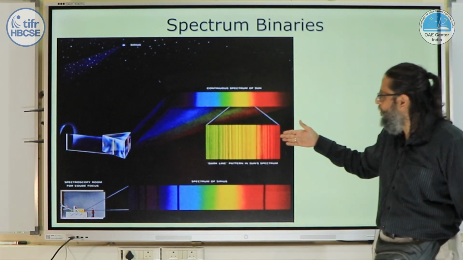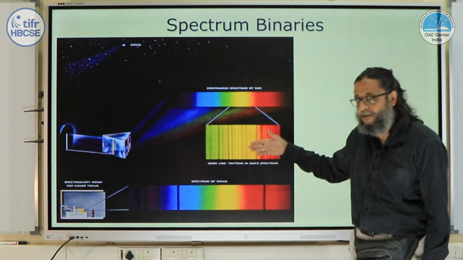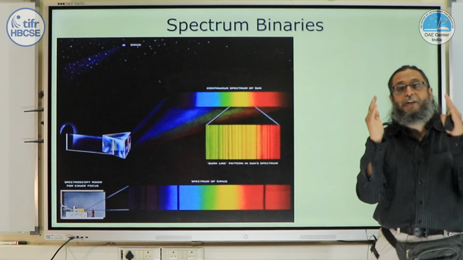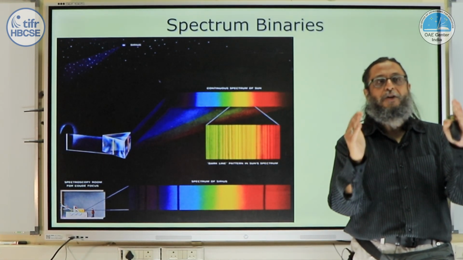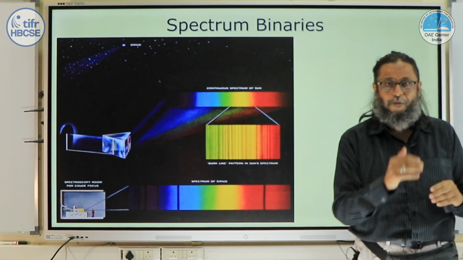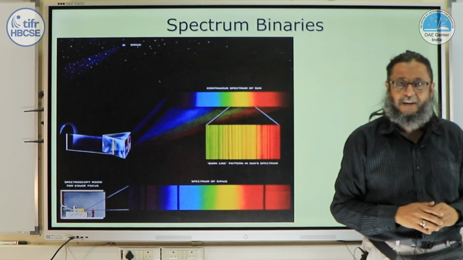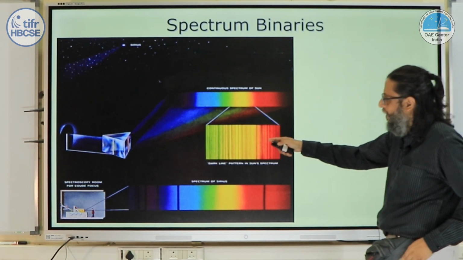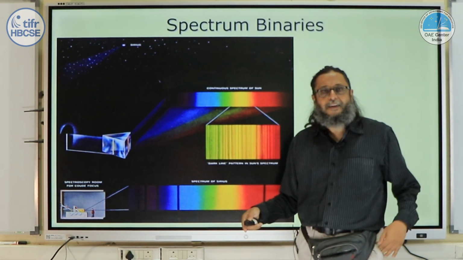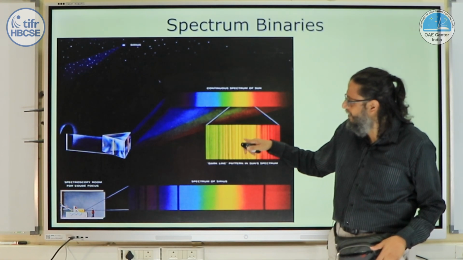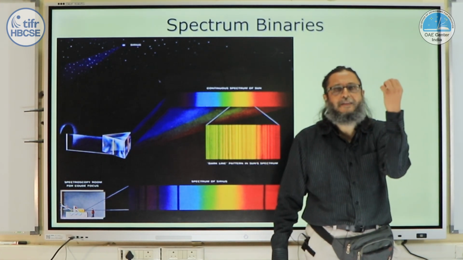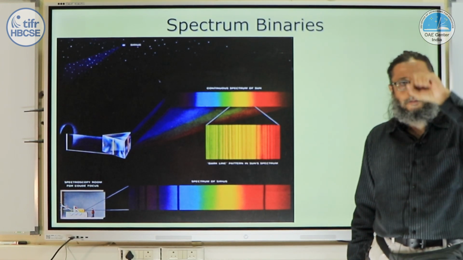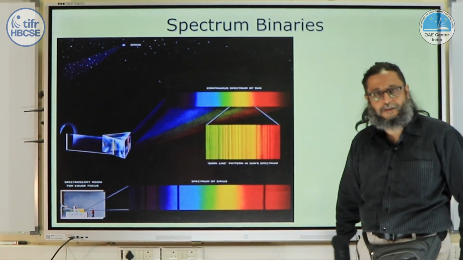So, if we can measure this spectrum accurately, then we are measuring the temperature of the objects from which these lines are originating. Now you can understand that the characteristic spectrum is a signature of the temperature of the object giving rise to the spectrum.